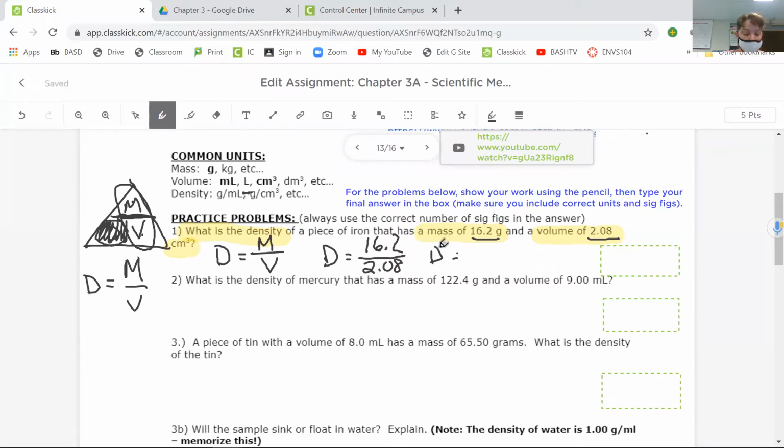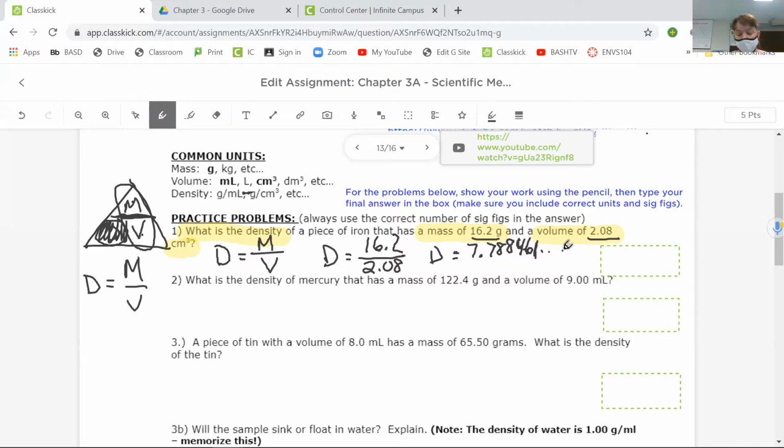We're going to solve that by taking 16.2 divided by 2.08. Now, the calculator gives us 7.788461, etc. Okay, now, in the video, she didn't pay attention to sig figs, but we know that in our class, we need to follow our sig figs rules anytime we do math.